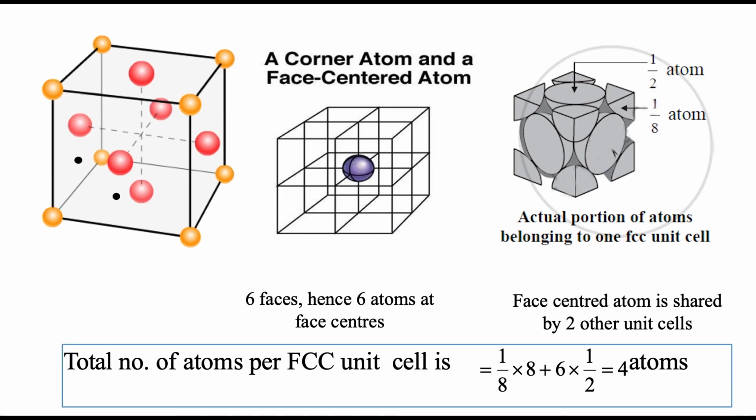Therefore, the total number of atoms per face centered cubic unit cell is 1/8 multiplied by 8, that is from the corner atoms, plus 6 multiplied by 1/2 from the face centered atoms. So, total 4 atoms.